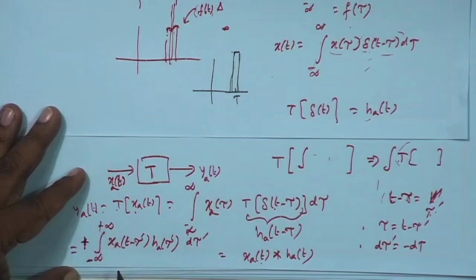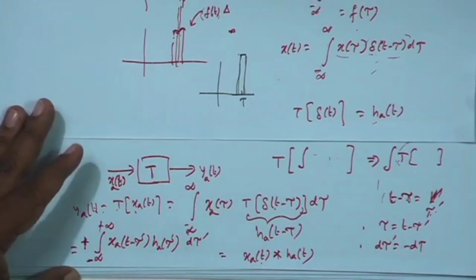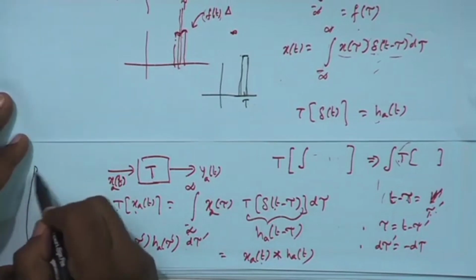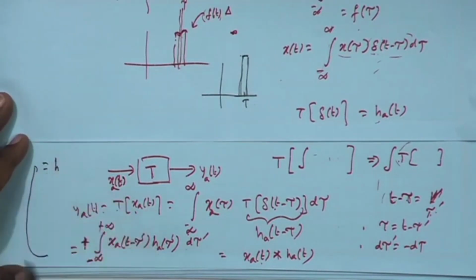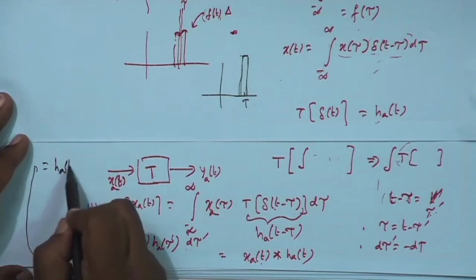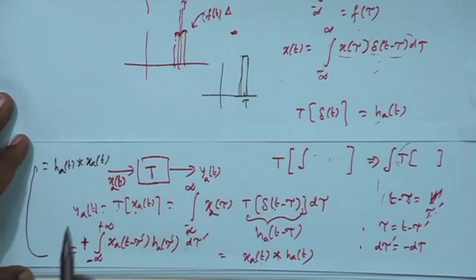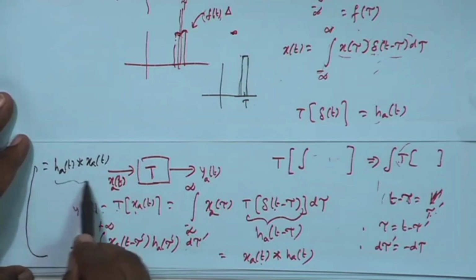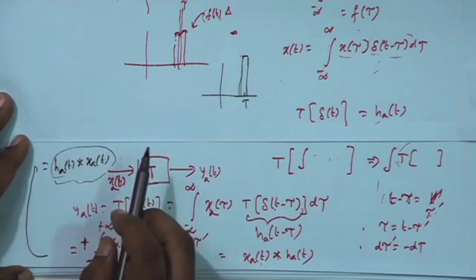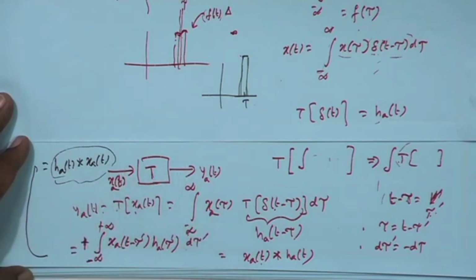So, in this case, it is convolution, in terms of notation, it is h a tau prime into x a t minus tau prime. So, h a t convolved with x a t. This is more convenient for all analysis, okay, as we did in the discrete time case.